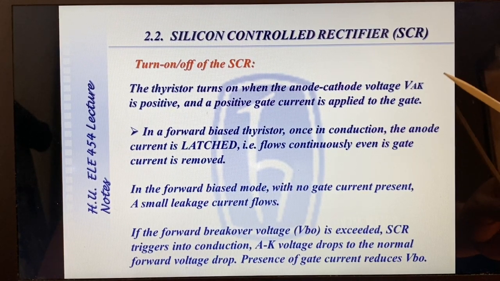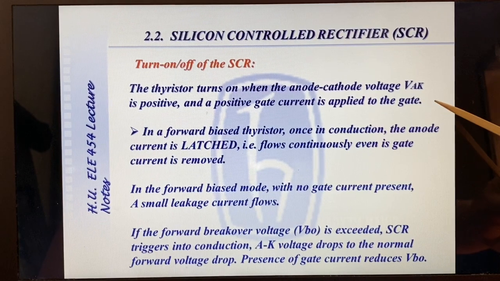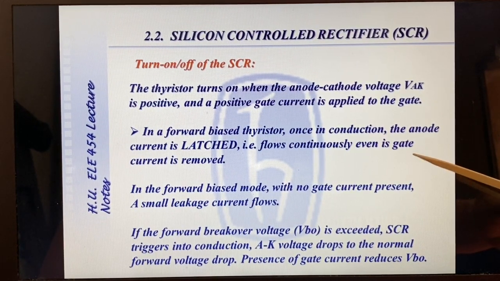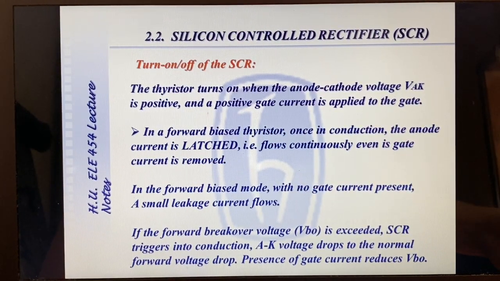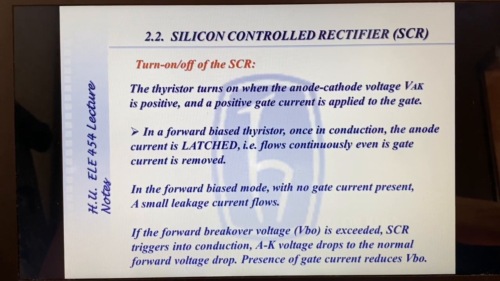So we said that the thyristor turns on when the anode cathode voltage is positive and the positive gate current is applied. In a forward biased thyristor, once in conduction, the anode current is said to be latched. So what is latching? This means that current flows continuously even if gate current is removed. So it is out of control now.